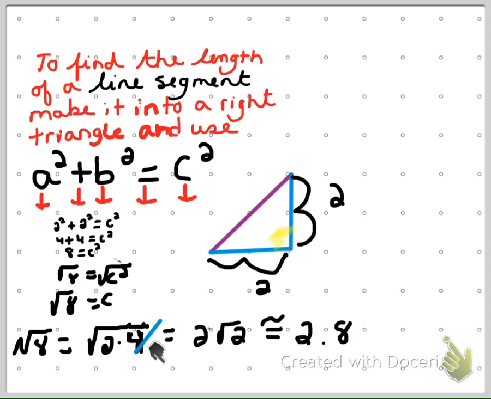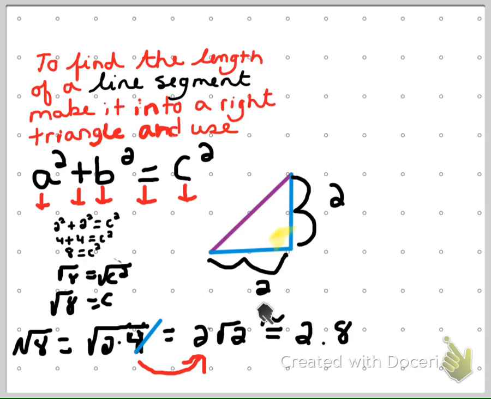It's 2. So now that 2, because it's the simplified form of the square root of 4, comes to the outside. I'm actually going to draw an arrow there, but change colors. 2 is the simplified form of the square root of 4. And this 2 stays underneath because I don't know what the square root of 2 is. So the answer is 2 square root of 2.